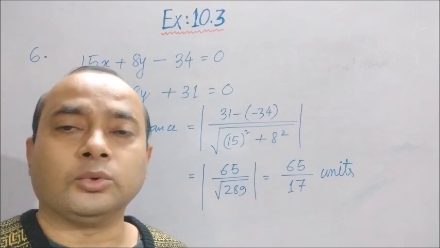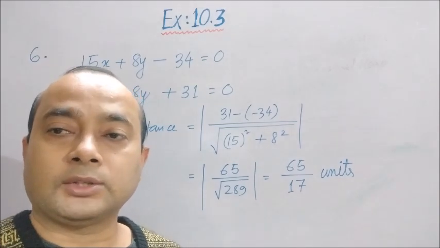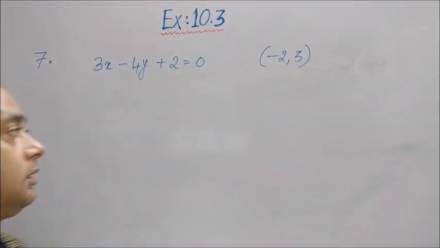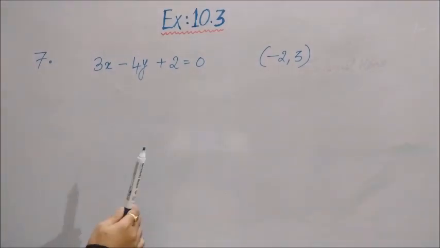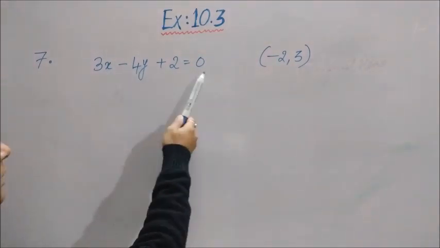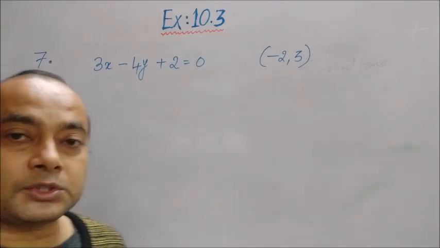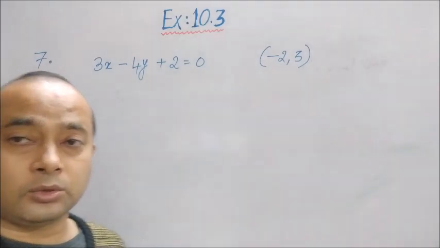The second part you can do in a similar way. I am going to the next question. Question number 7, what they are asking: we have to find the equation of a straight line which is parallel to this line and passes through this point. We know that if two straight lines are parallel, their slopes are always the same.